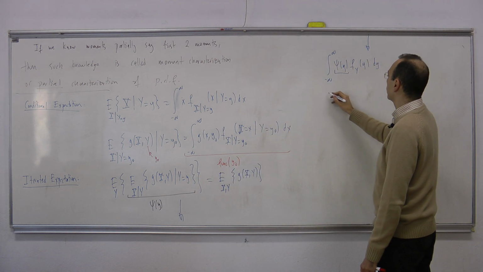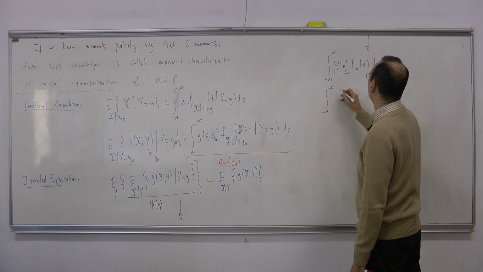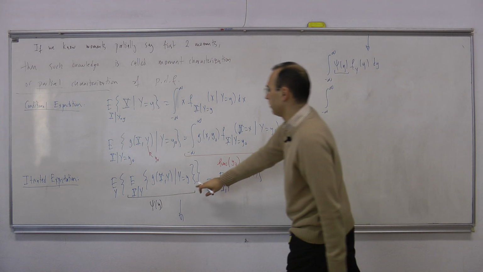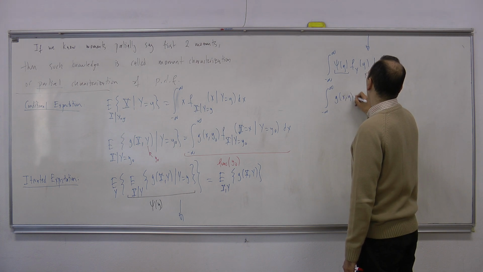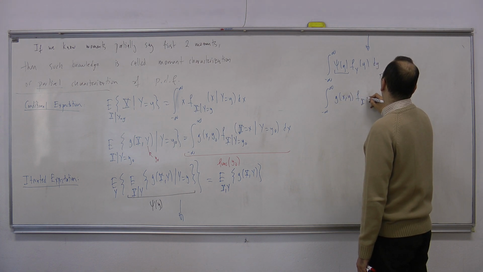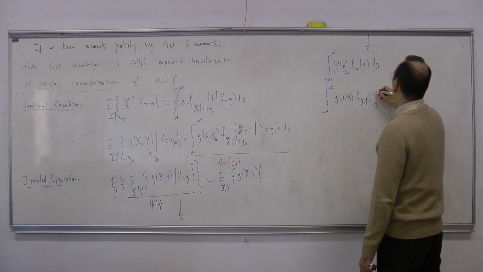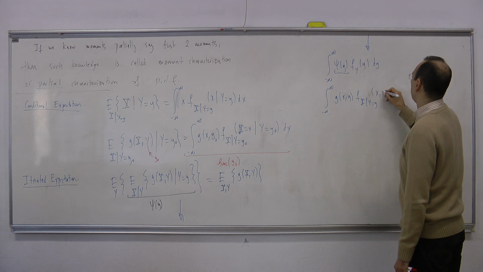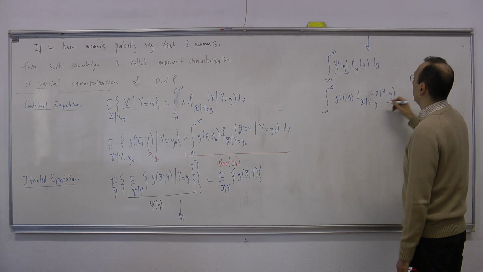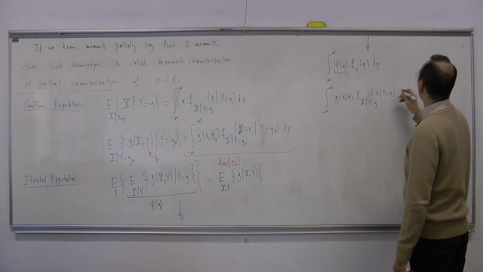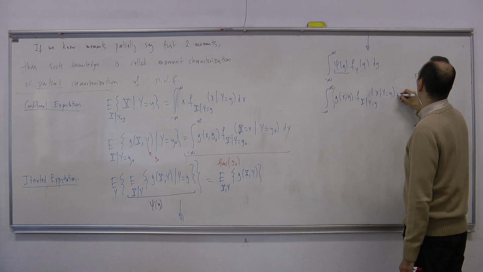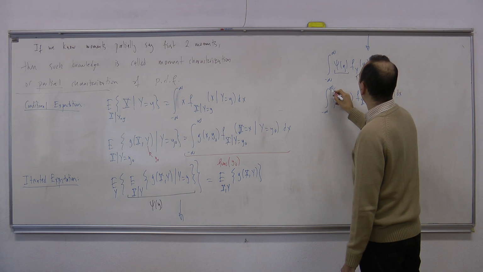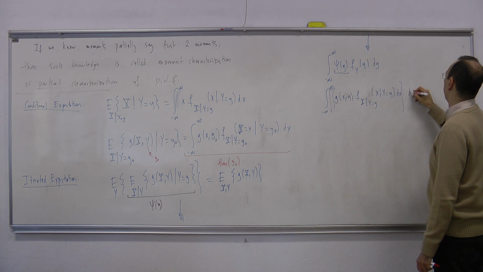How about this function? Let me write that function. That function is this g of x and y, f_{X given Y} of x given y, and I'm calculating this integral over x, dy.